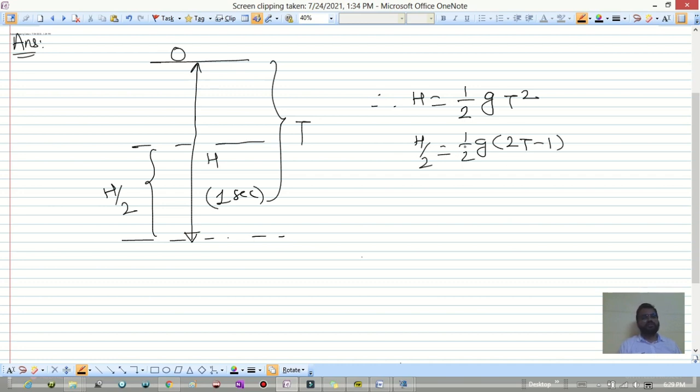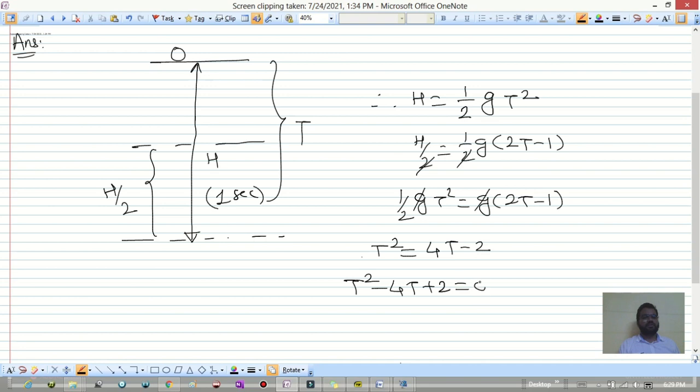This t is the total time of fall. So h, put it over here, this 2 will get cancelled. We have 1 by 2 g t squared is equal to g into 2t minus 1. So this g gets cancelled. We'll have t squared is equal to 4t minus 2. So t squared minus 4t plus 2 is equal to 0.